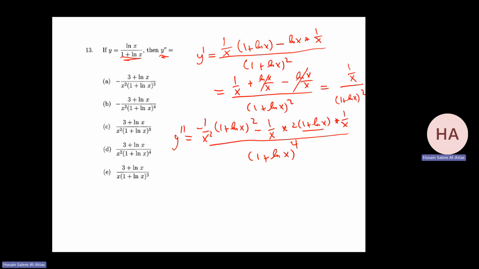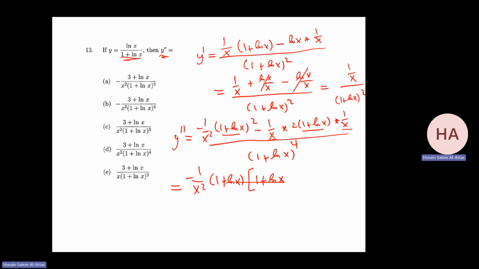Okay, let me try to simplify it now. To do that, I can take minus 1 over x squared as a common factor, and I have this is x squared, this is 1, so 1 plus ln x. What is the remaining? If I divide this by this, I'm getting 1 plus ln x. I took the minus 1 over x squared. This is over x squared.